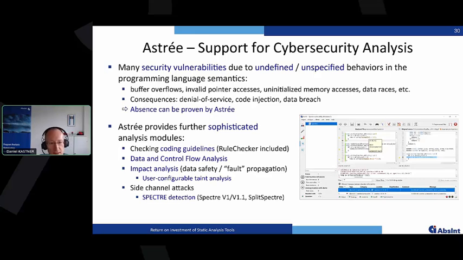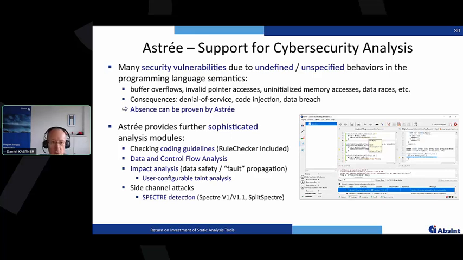And then the other elements I've discussed before, like the code guideline checking, data and control flow analysis, or impact analysis, that of course is relevant for cybersecurity properties, and there are also some specific detection plugins built in directly in S3, like for example to detect Spectre vulnerabilities.